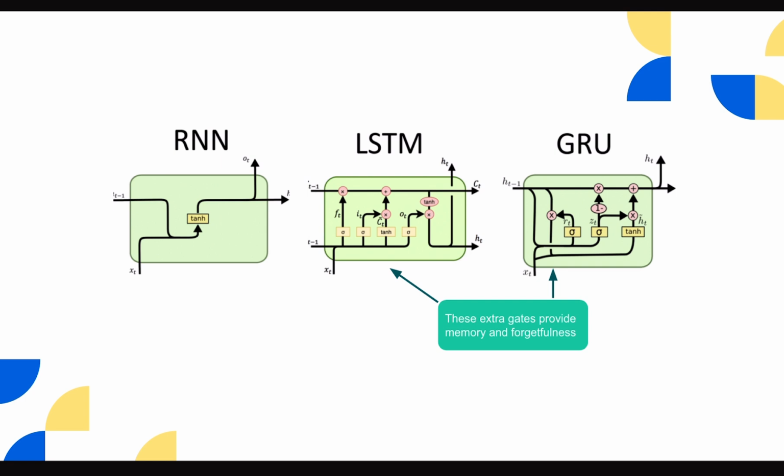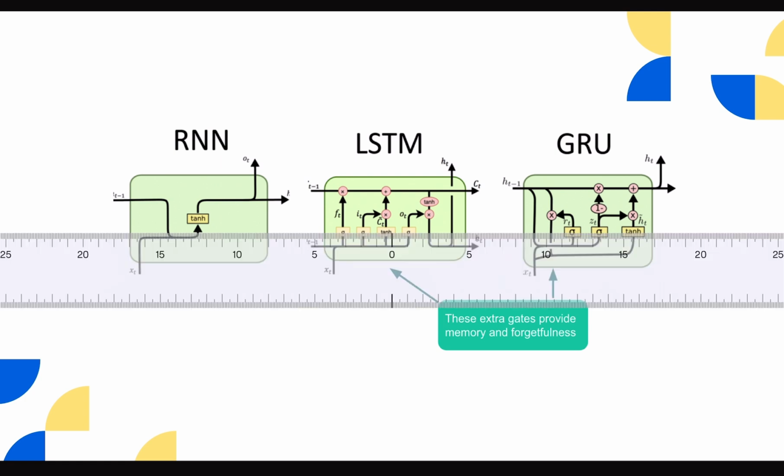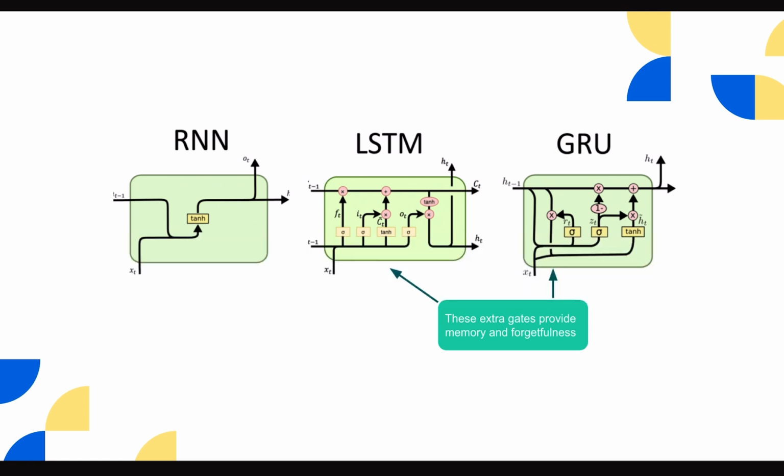All right. So what is LSTM? It's an advanced version of RNN, obviously. Long short-term memory networks, or LSTMs, were developed to address the limitations of standard RNNs. LSTMs introduced a more complex architecture with a series of gates.